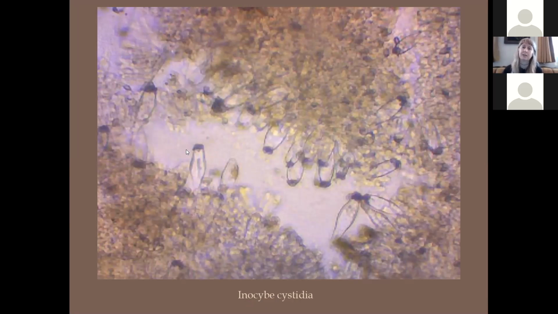So like little dark grains of sand kind of stuck to the end. And that is very typical for Inocybe cystidia, but not for most other mushrooms. So if you think it's an Inocybe and you see these under the microscope, that's a good confirmation that that's what you have.